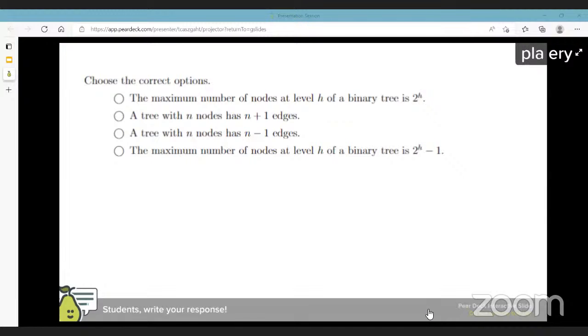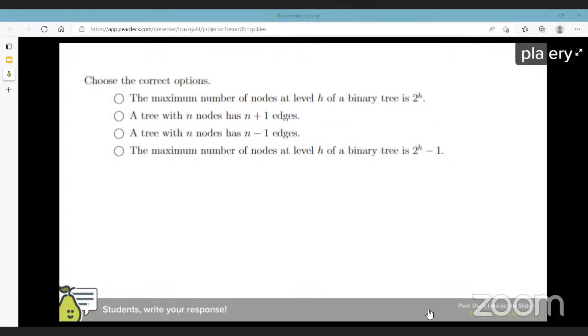At the first level there is only one node. Then at the second we have maximum two nodes, so there is 2 to the power 1. And after that, at the second level we have 2 to the power 4 nodes.